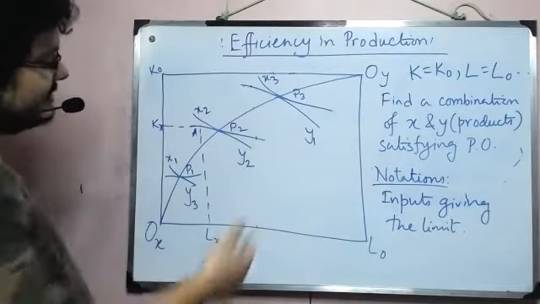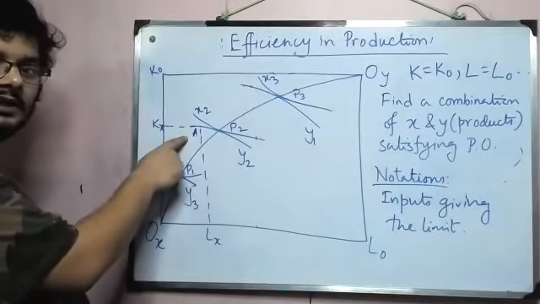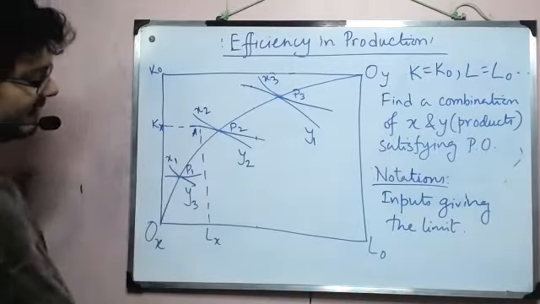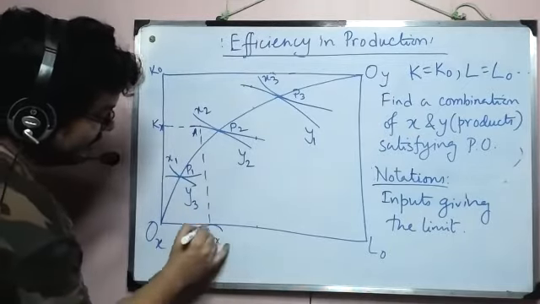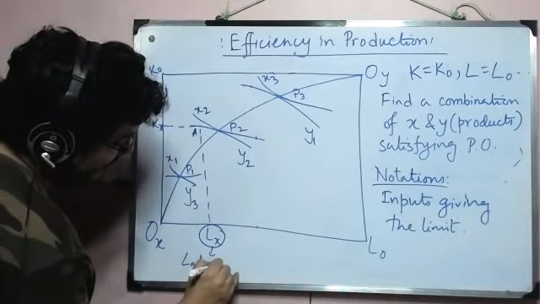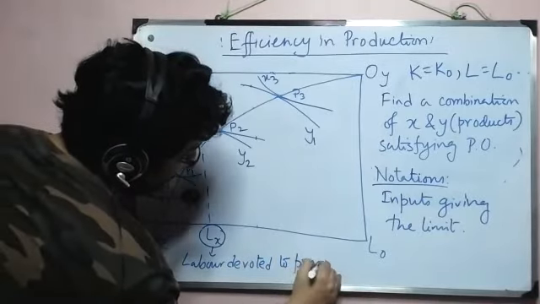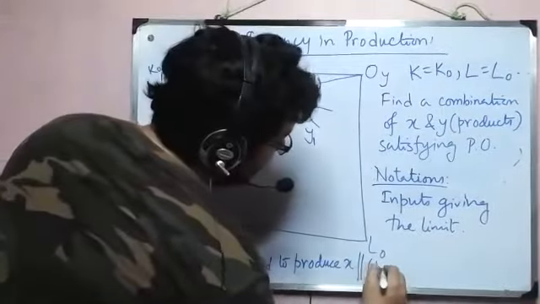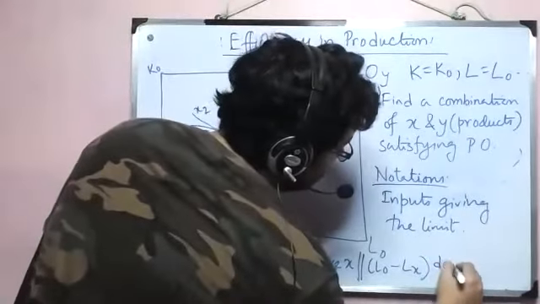These are obviously isoquants, and also these kinds of arguments, that this point is not Pareto efficient, but this point is Pareto efficient, and all these ideas that if I denote Lx to be the amount of labor devoted to produce X, then this gap, L naught minus Lx, is devoted to produce Y.